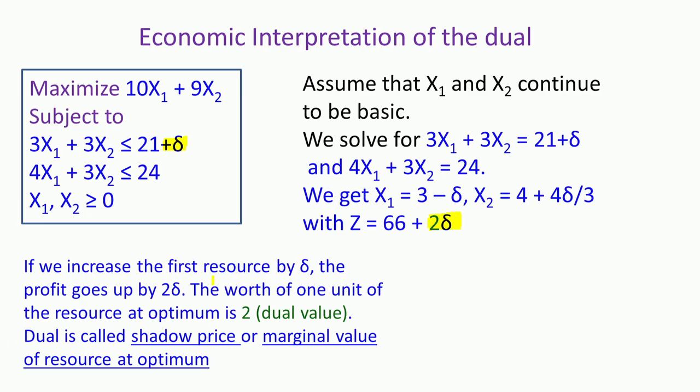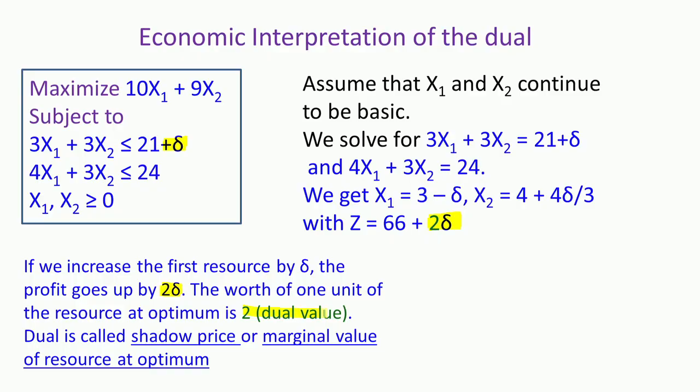So, if we increase the first resource by a small quantity delta, the profit or revenue goes up by 2 delta. Therefore, the worth of one unit of the first resource at the optimum is 2, which is the value y1 equal to 2.